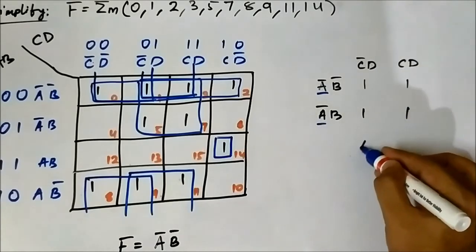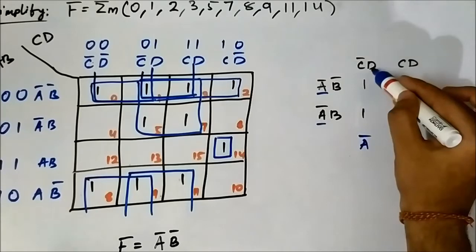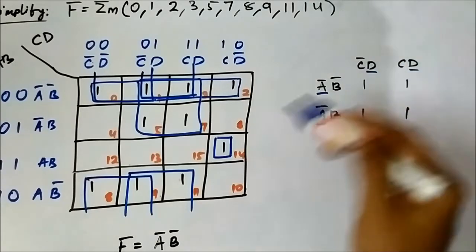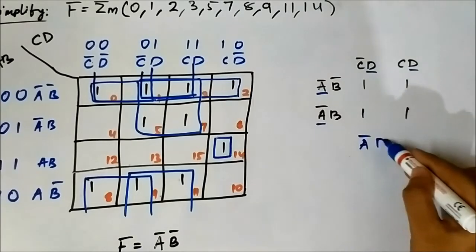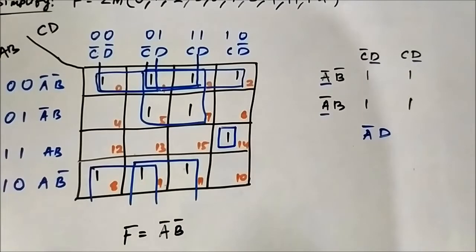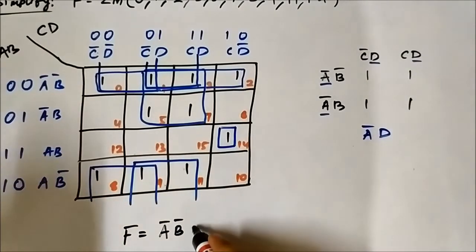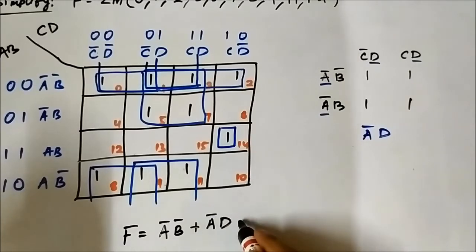So definitely A bar will be there. In the vertical side we see D is common. So D will also be there. So A bar D is the common set of variables.